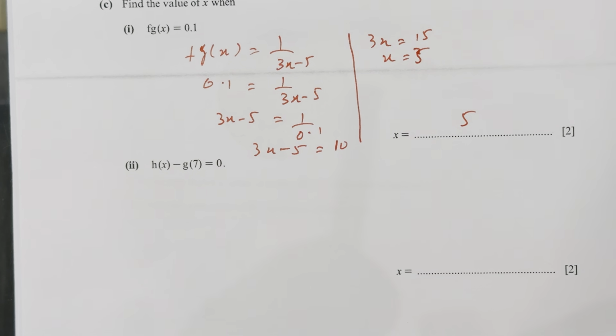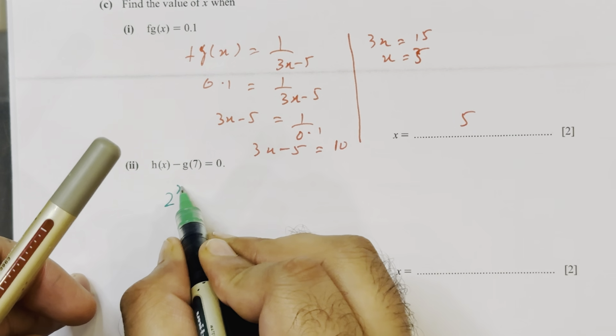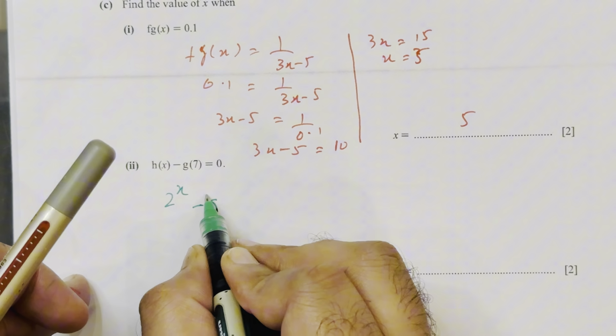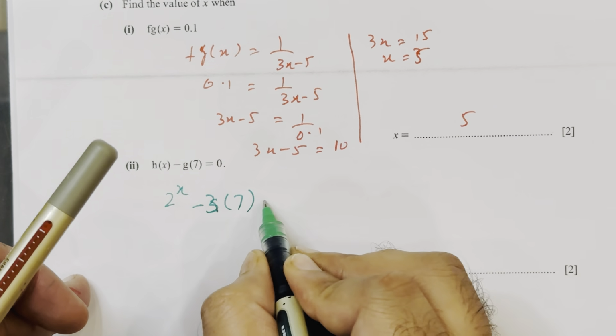Moving to its second part, that h of x minus g of 7 is this. H of x has the value of 2 raised to power x, and g of 7 has the value 3 into 7 minus 5.